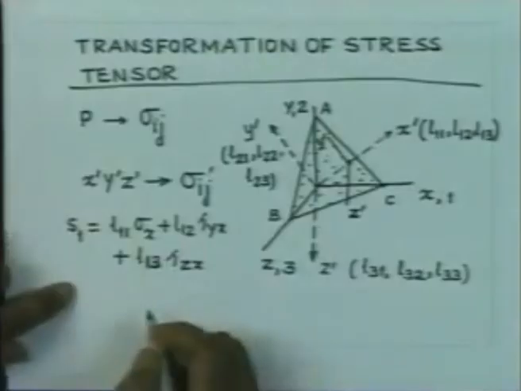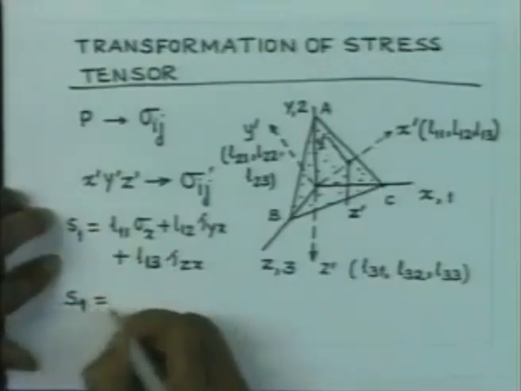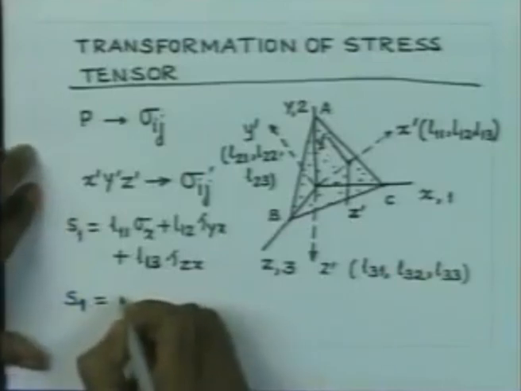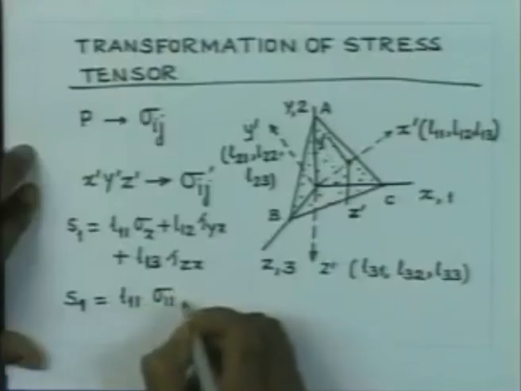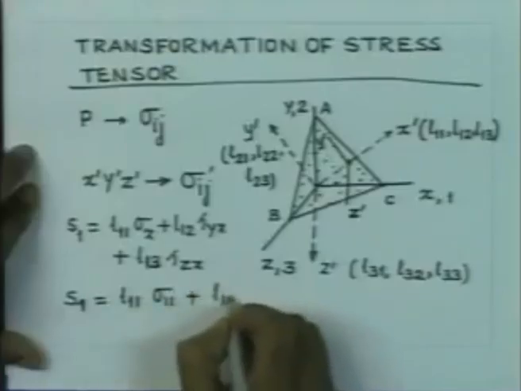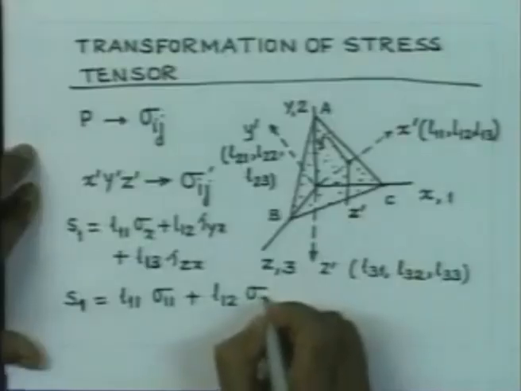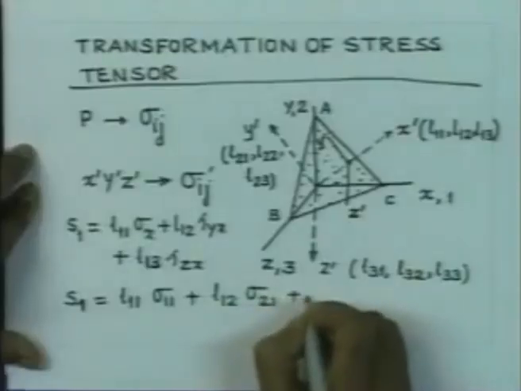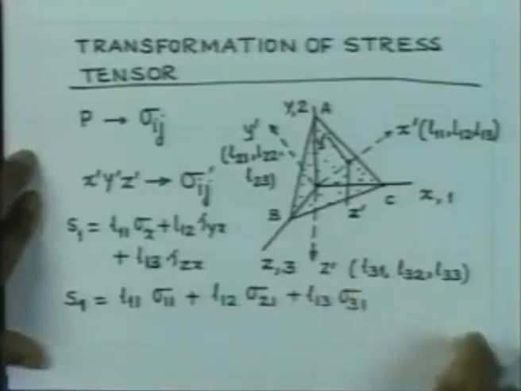If we make use of the index notation, we can write it in a simpler form: L11 sigma 11, plus L12 sigma 21, plus L13 sigma 31.